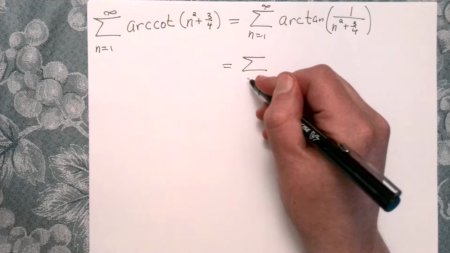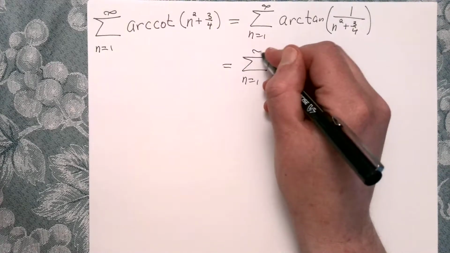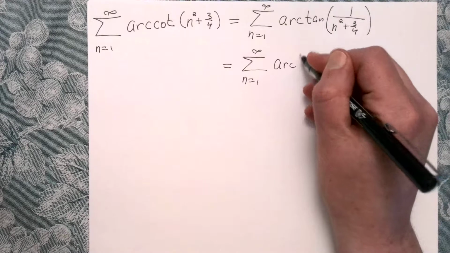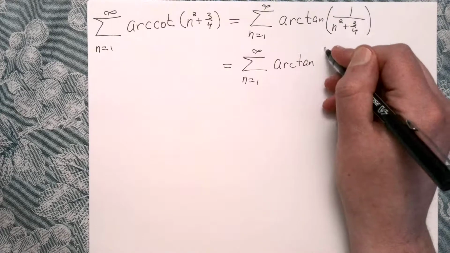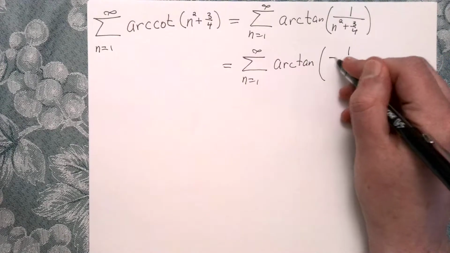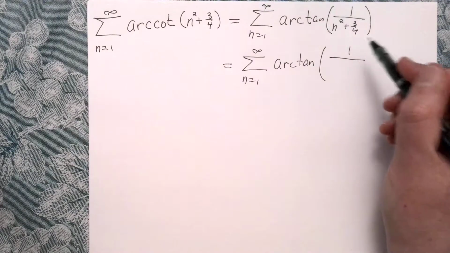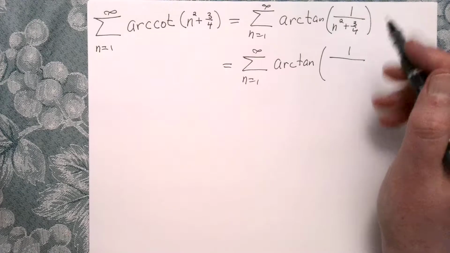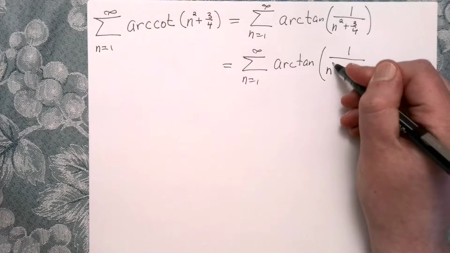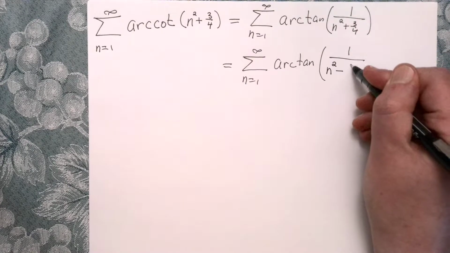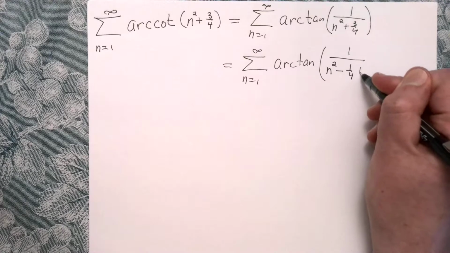So this is the series from n equals 1 to infinity of the arctangent of 1 over. Now, 3/4, I can think about 3/4 as 1 minus a quarter. Let's see why that's helpful. So there's the minus a quarter plus 1.